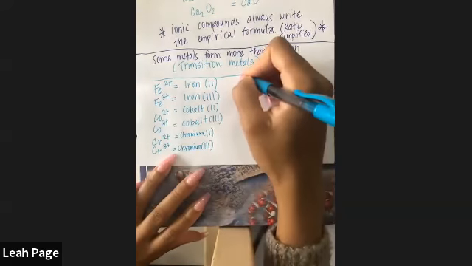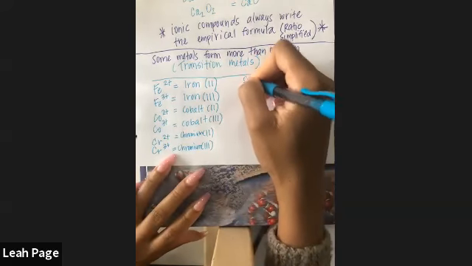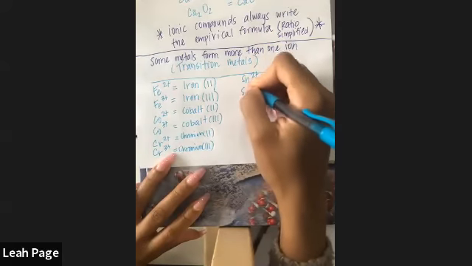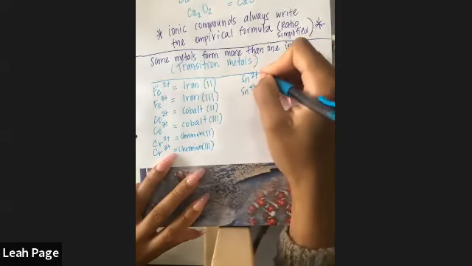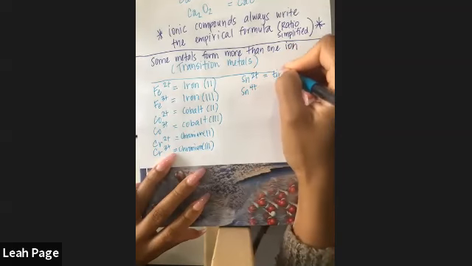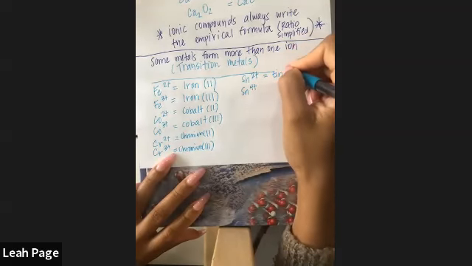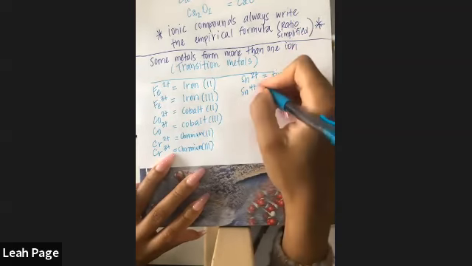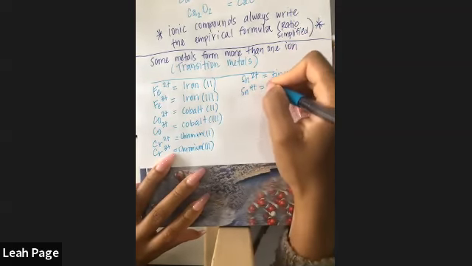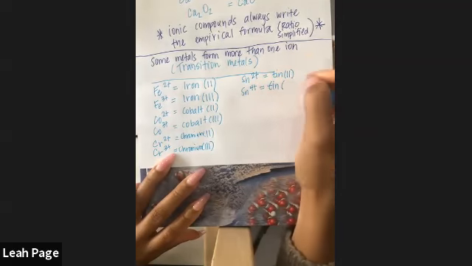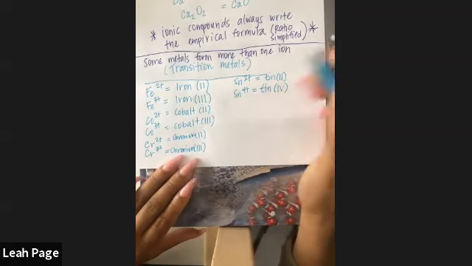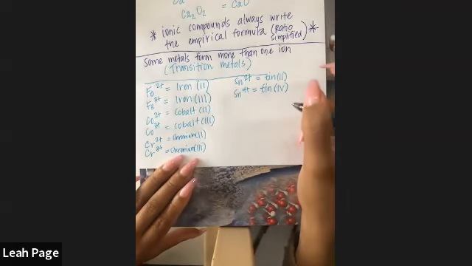And then you can also have tin 2 and tin 4. These are just the common ones, guys. I'm not going through every single type of ion that transition metals can form. I'm just going with the ones that we're going to use the most in this class. So the way we write the number 4 in Roman numerals is we write I, V. And if you want to make these lowercase, that's fine.